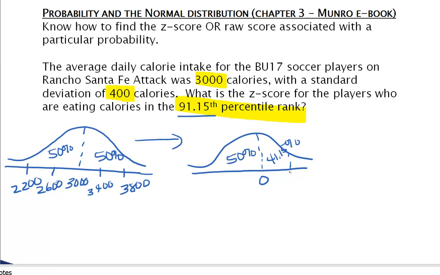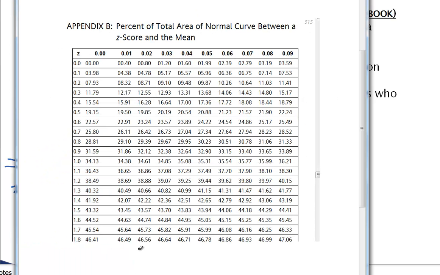And now I don't know what my score is, but I can certainly look it up in Appendix B in your ebook. So all I need to do is pull that up. Here we have it.